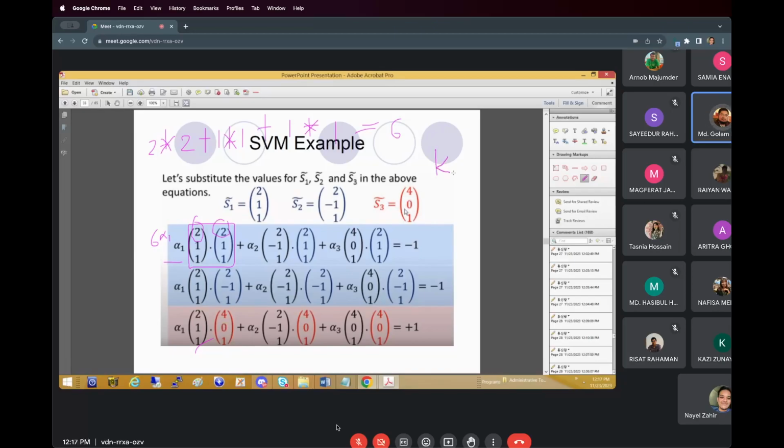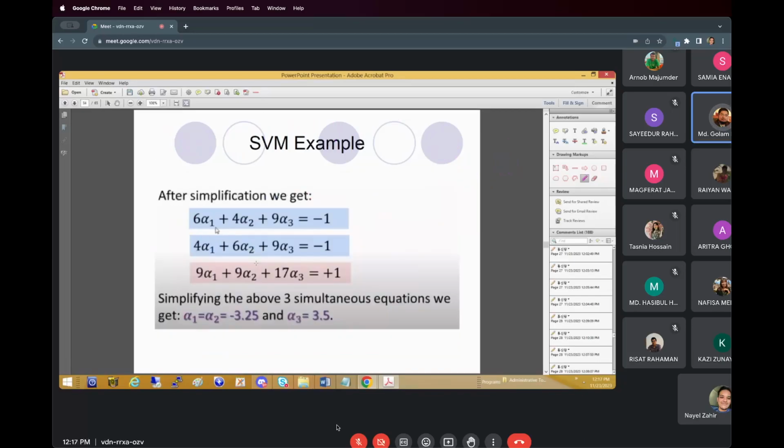KAB, KAC, the same as in our previous example. If we multiply the corresponding augmented support vectors, we will get these three equations. We have three unknowns: alpha 1, alpha 2, alpha 3.